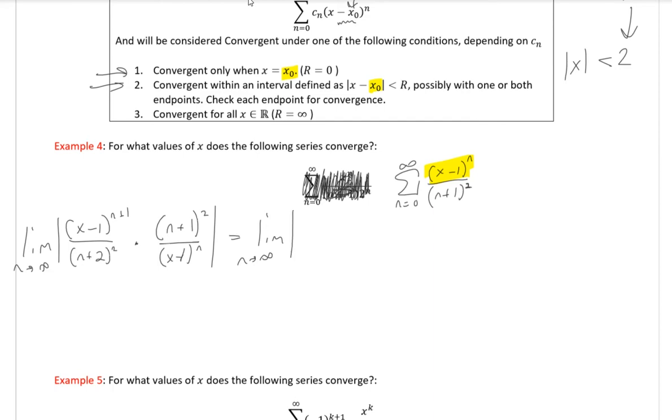Rearrange the terms to pseudo combine like terms, more or less. n plus 1 on top and n plus 2 on the bottom, each of those squared. Should be able to evaluate what each of these are doing.